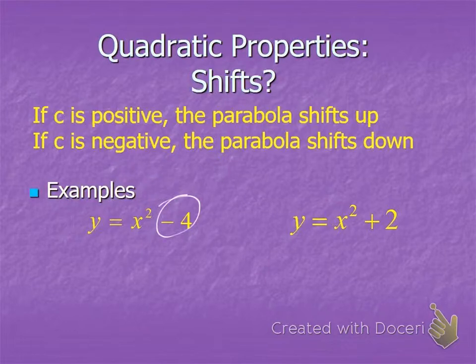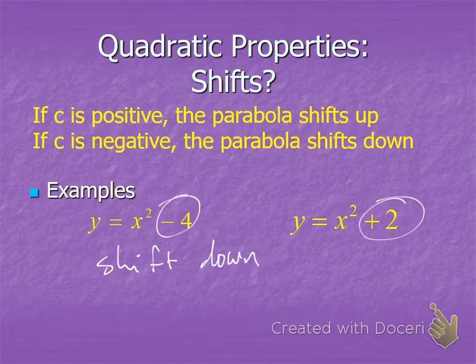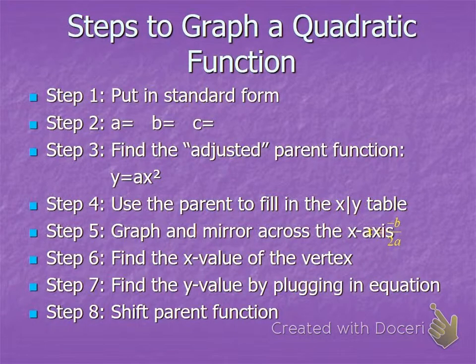So since this guy is -4, then that means the graph's going to shift down. And since this one is +2, it means this graph is going to shift up from the parent function. But we'll really use it more in terms of the vertex, what the vertex is. Okay? All right. So that's a lot of sort of just getting a general idea of what the graph's going to look like.